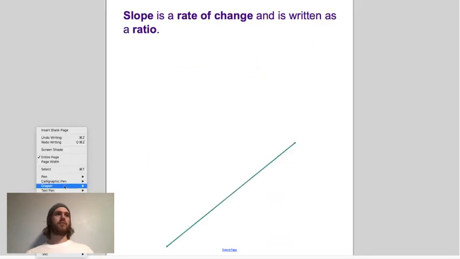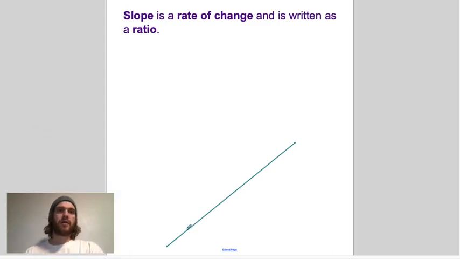So I'm going to give you the formula that we'll be using today. If you have 2 points on a line, I'm going to call this point 1 and this point 2. We'll call this x1 comma y1, so that's the x value of point 1 and the y value of point 1. I'm calling this x2 comma y2.